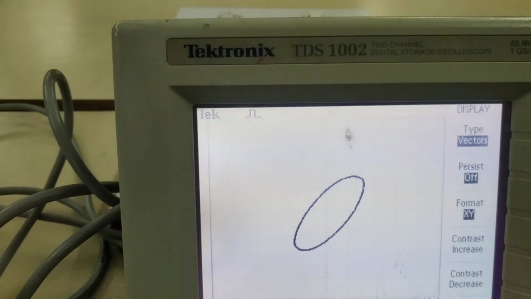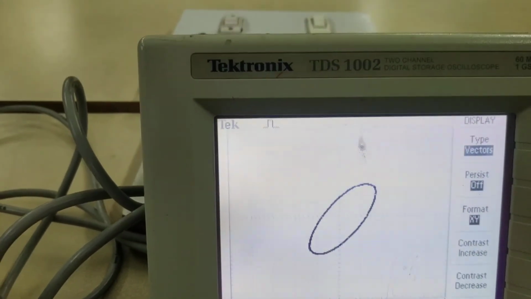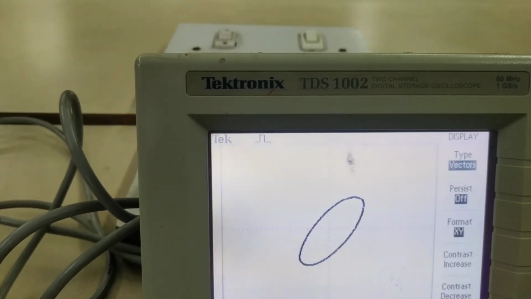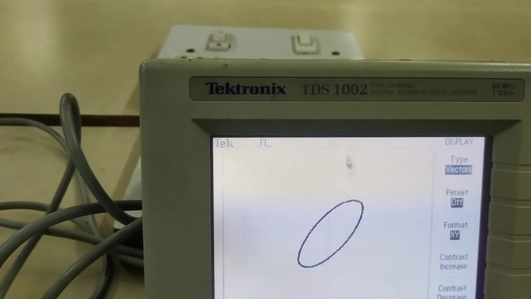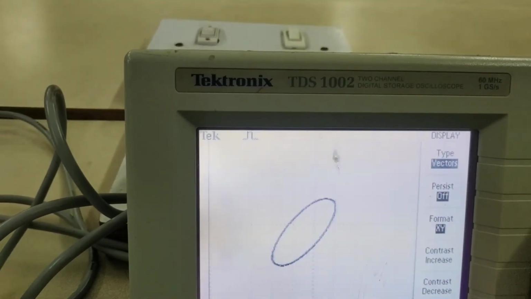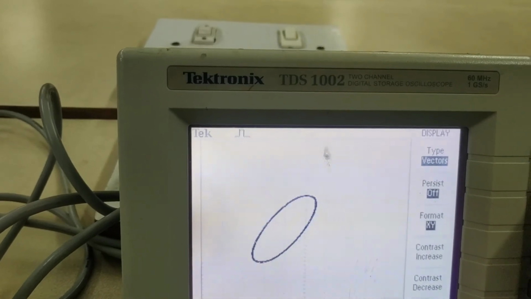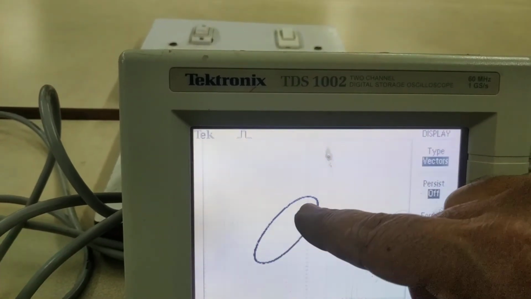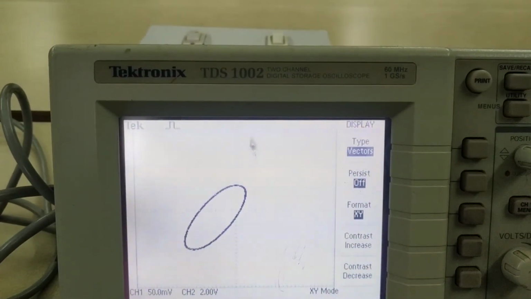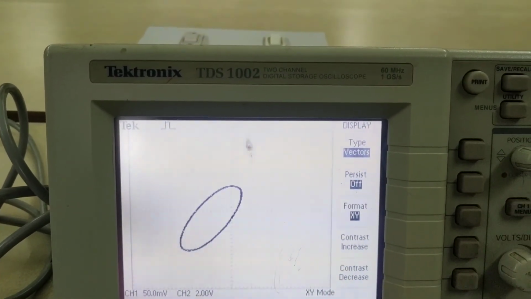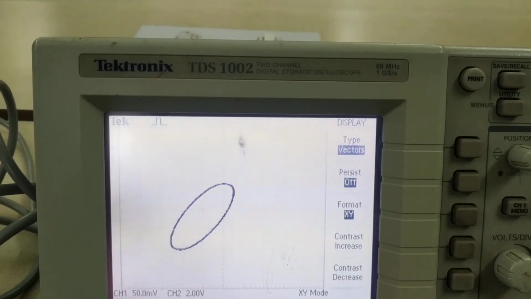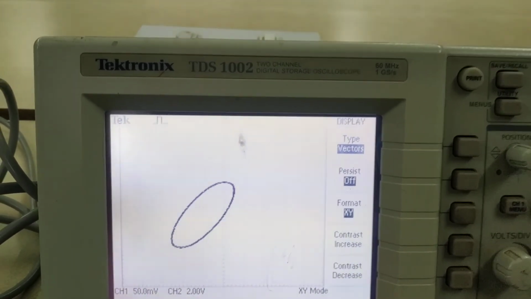The smaller intercept is something like 2.2, and the larger intercept I will measure and tell you. It will be 3.4. So the smaller intercept is 2.2 and the larger intercept is 3.4. So theta equals sine inverse of 2.2 divided by 3.4. You calculate that figure.